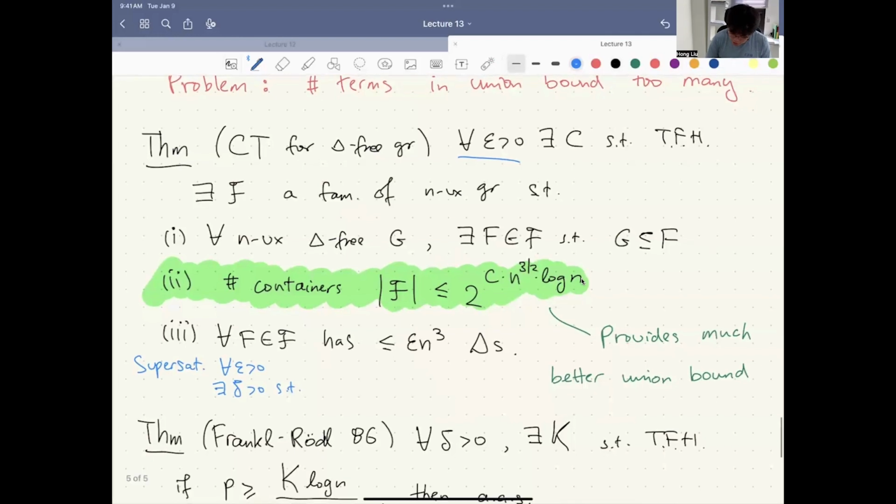So this implies E of F is at most the extremal number of K3 plus delta n squared. Okay, this is the contrapositive of supersaturation.